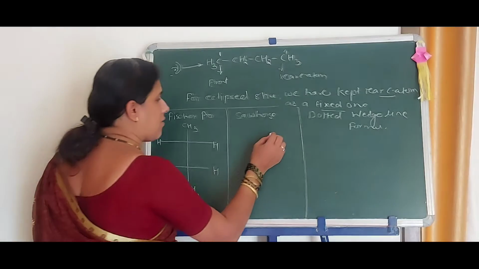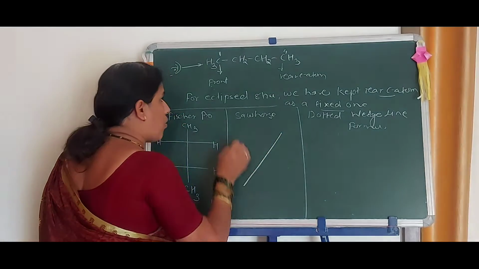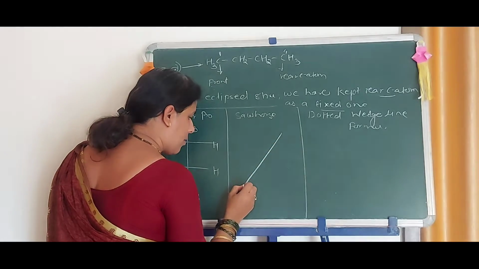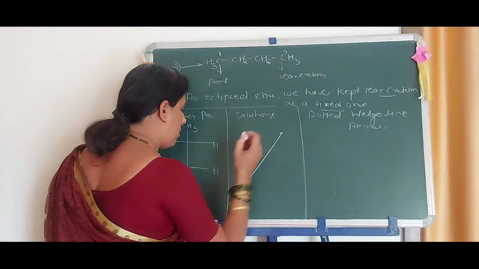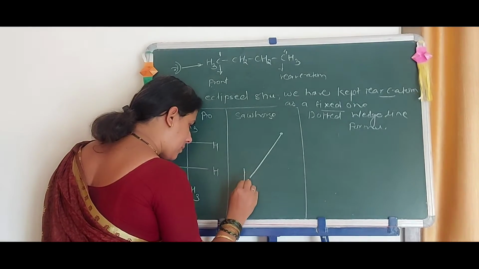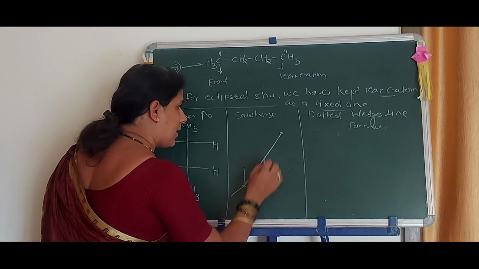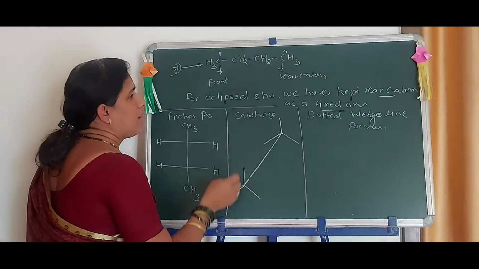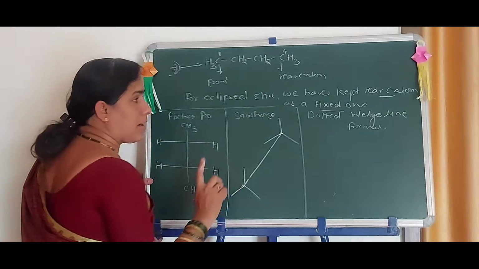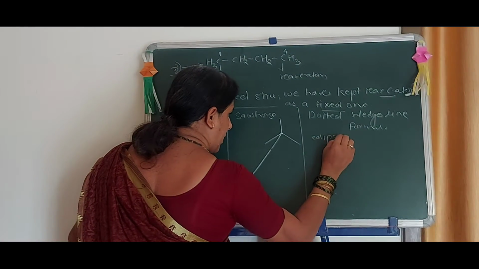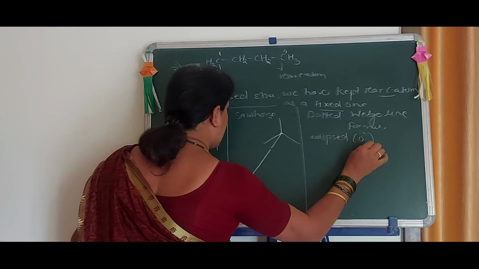Now what about this Sawhorse? Again considering the bond length between this C and C in three dimensions. Now we can draw it here according to the eclipsed structure, for 0 degrees.